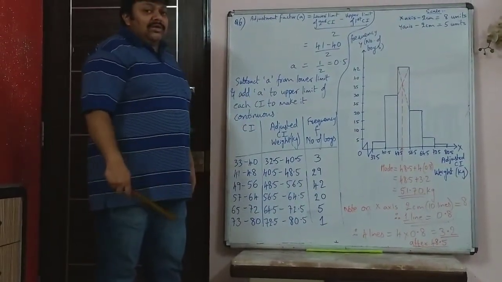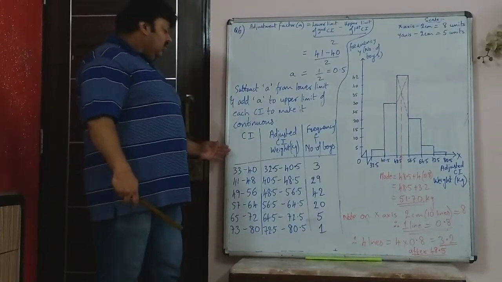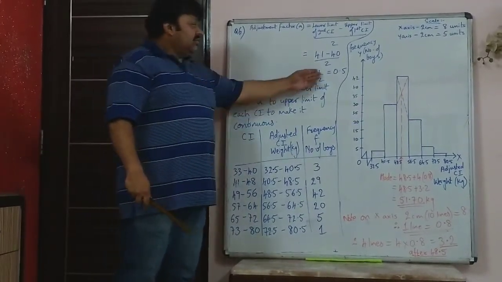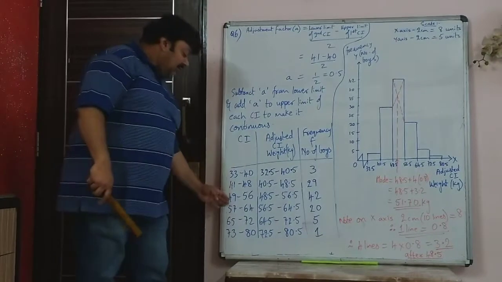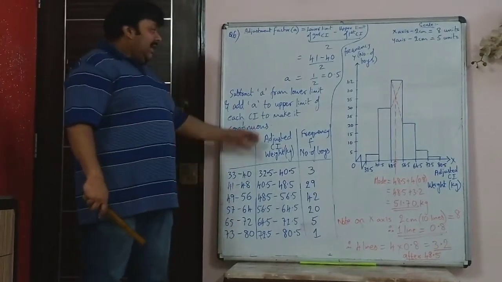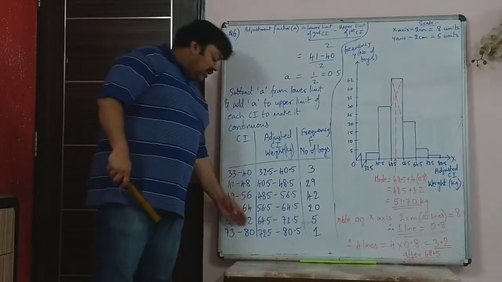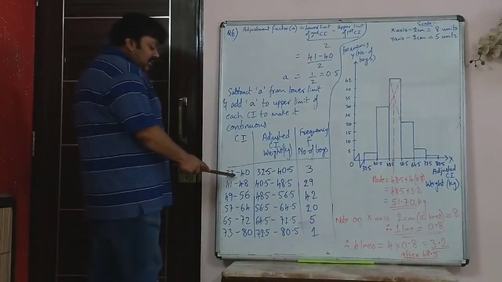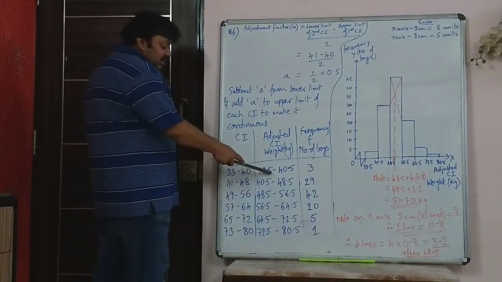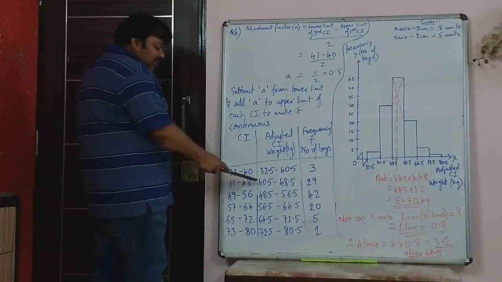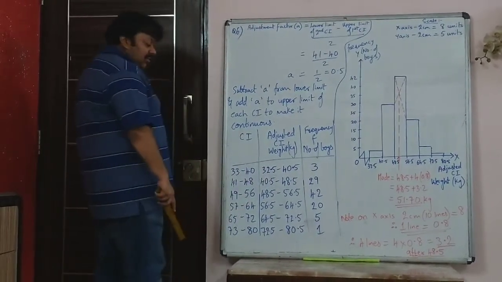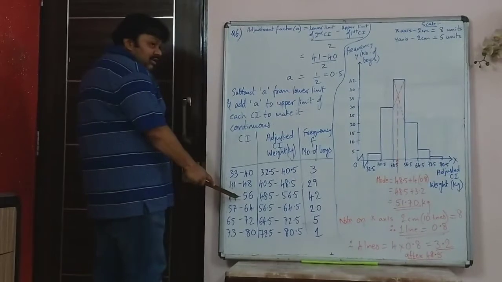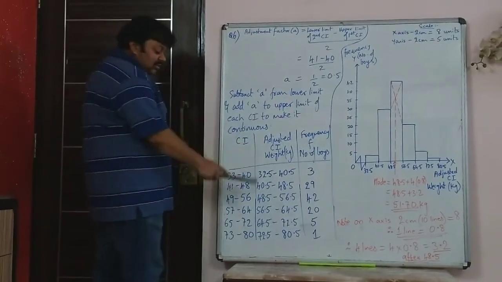So to make the class continuous, what do you do? You subtract that adjustment factor from the lower limit of all the classes and add the 0.5 to the upper limit of all the classes. So it will become 33 minus 0.5, 32.5. 41 minus 0.5, 40.5. 49 minus 0.5, 48.5 and so on.